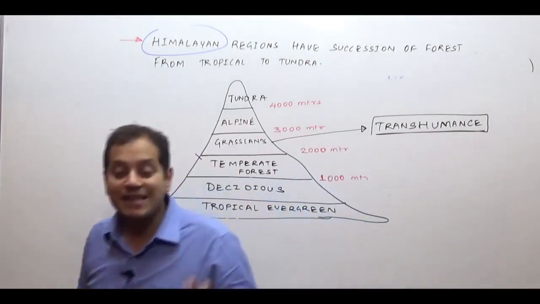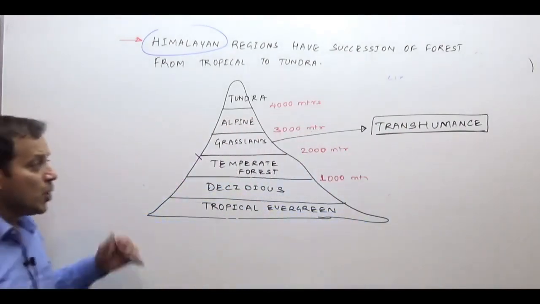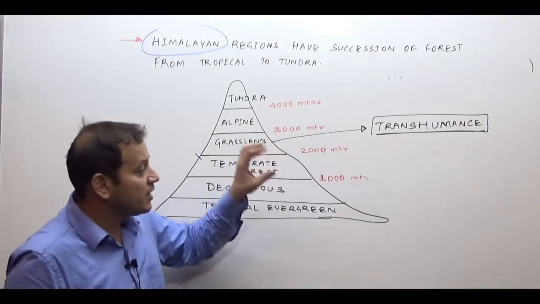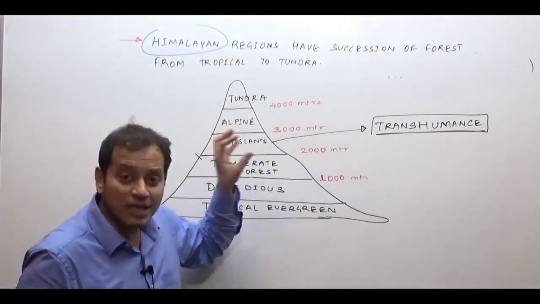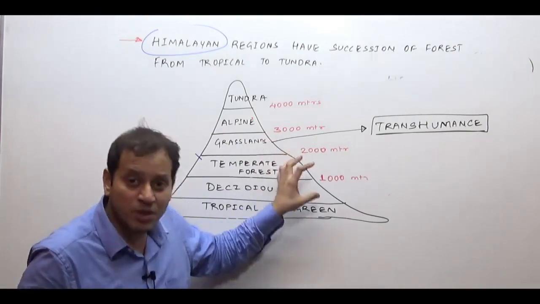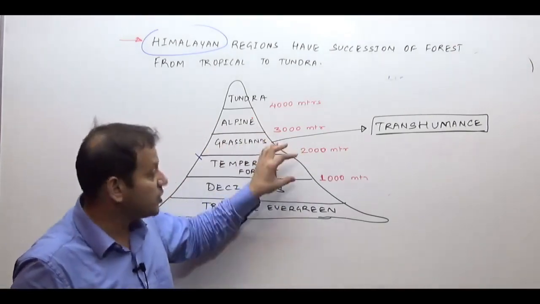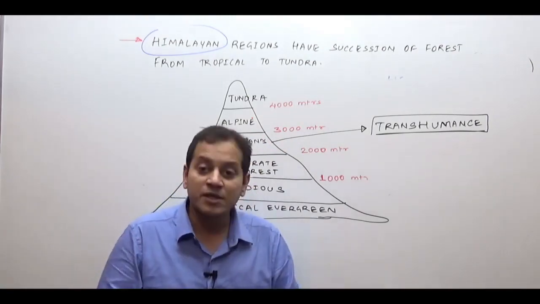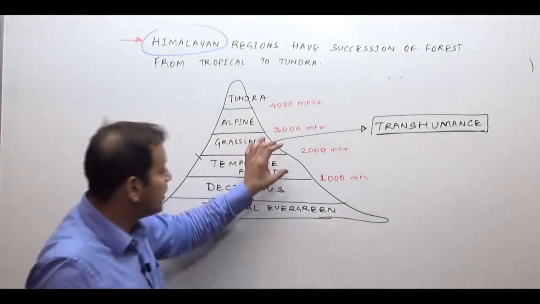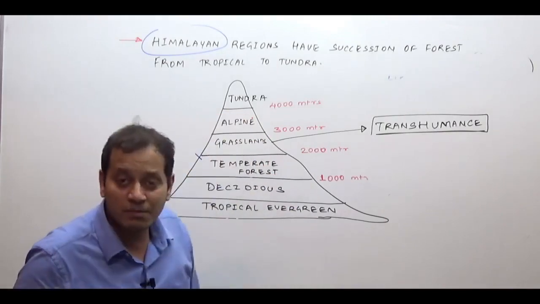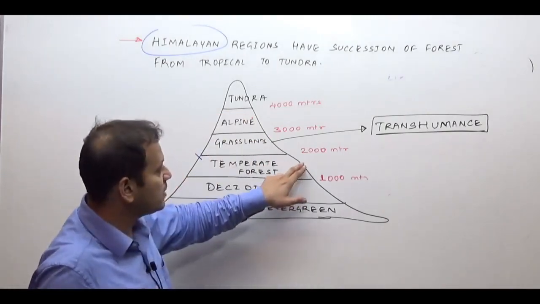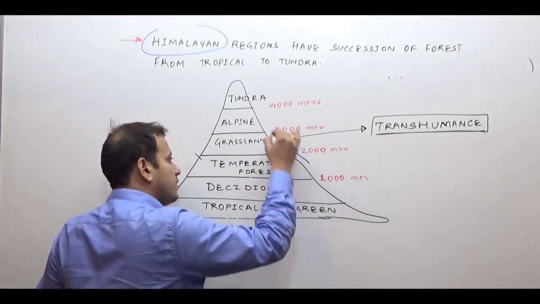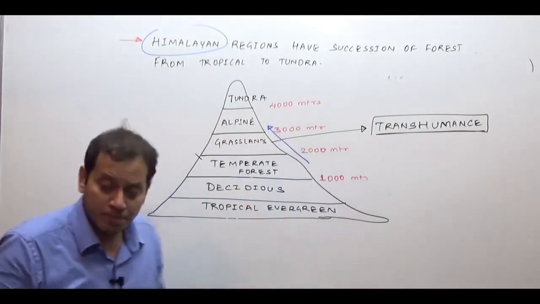Transhumance means these are the tribes which during the summer season, because it is too hot down, they all move with their flock, with their sheep. The most important animal they rear is the sheep for wool. So they go on the higher reaches of the mountains. So during the summers, they will go up higher with their sheep.